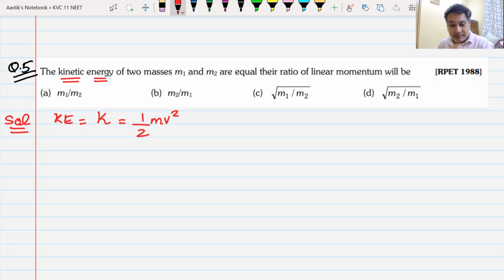Now, these types of questions come many times in your NEET. That is why we are doing it. Kinetic energy is half mv square and momentum is m into v. Yes or no?